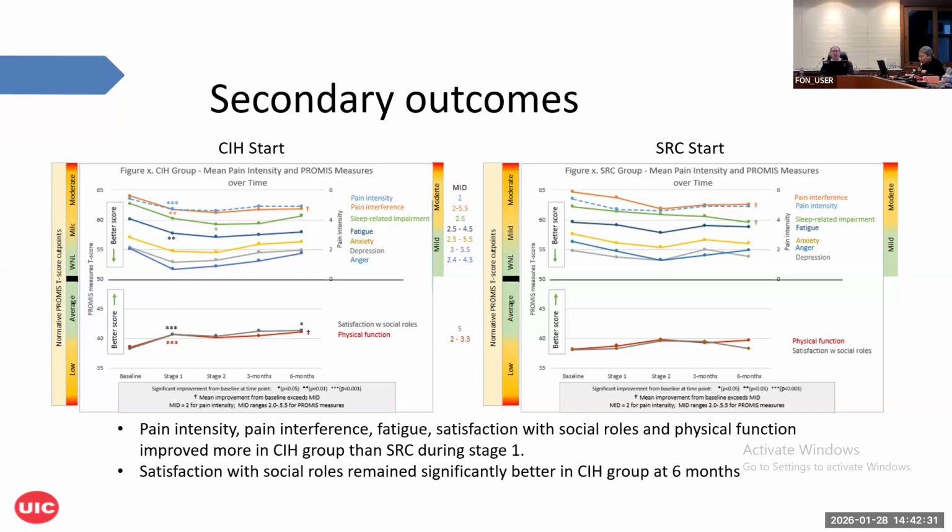What we found was that pain intensity, pain interference, fatigue, satisfaction with social roles, physical function improved more in the complementary and integrative health group than with standard rehabilitative care during stage 1. Satisfaction with social roles remains statistically significantly better in the complementary and integrative health group, even at 6 months.